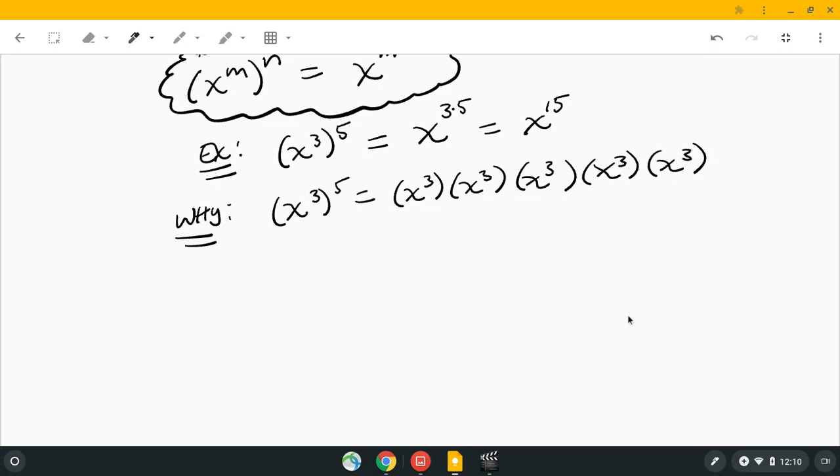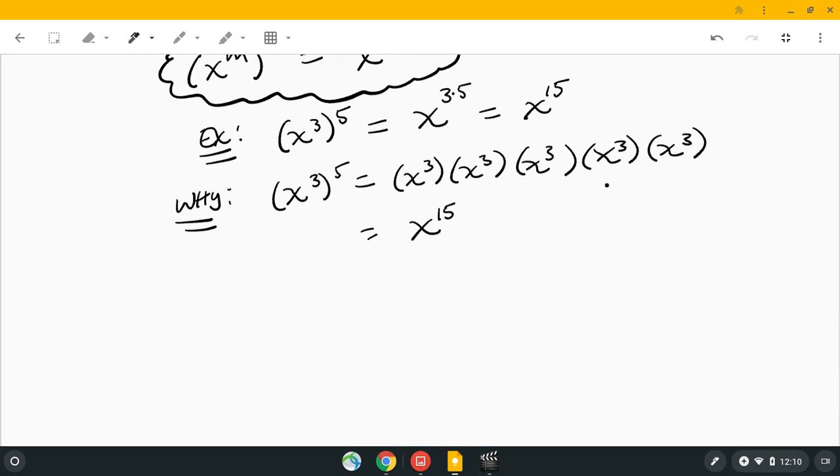And here, now we can use the product rule because we're taking the product of like bases. When we do that, we can add the exponents, and if we add the exponents, 3, 6, 9, 12, 15, we get 15. Okay, 5 sets of 3.